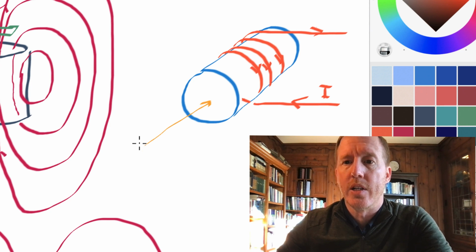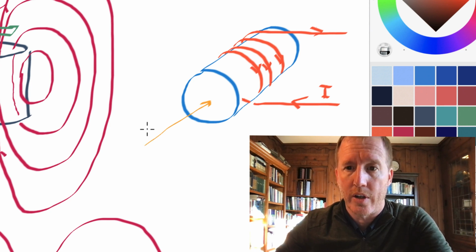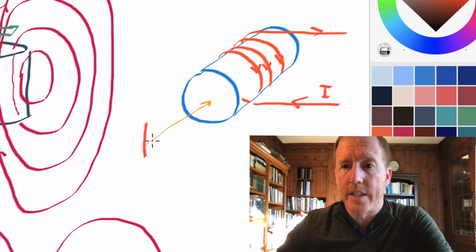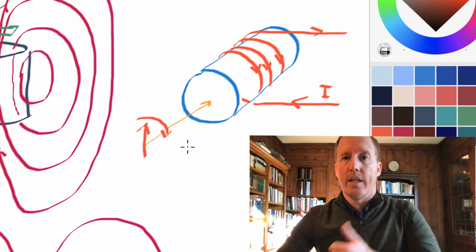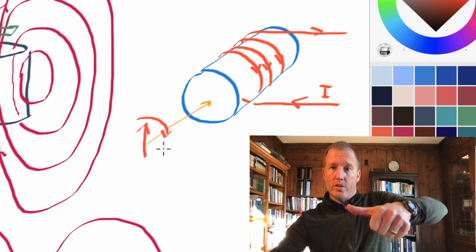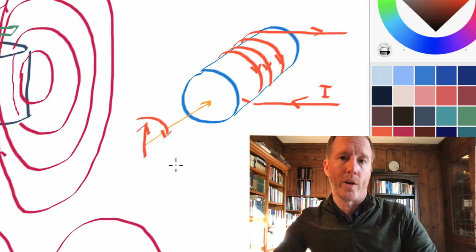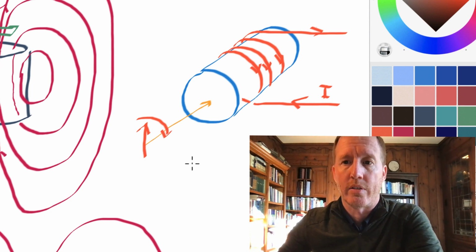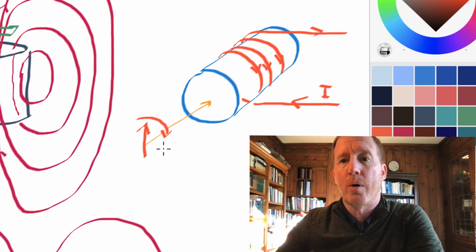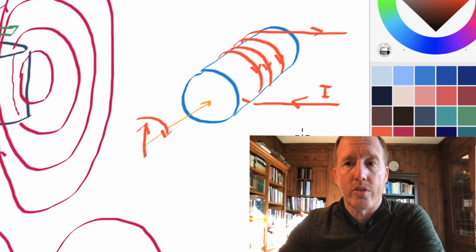Another way is by saying, as Maxwell does here, if you have light that is circularly polarized, that means the polarization is already spinning. As it's going down here, the plane of polarization is spinning as it's going through this. So you've created somehow, maybe with a quarter wave plate, circularly polarized light. If the rotation happens to be in the same direction that the current is going around that bar, then that light ray will travel at a high velocity.